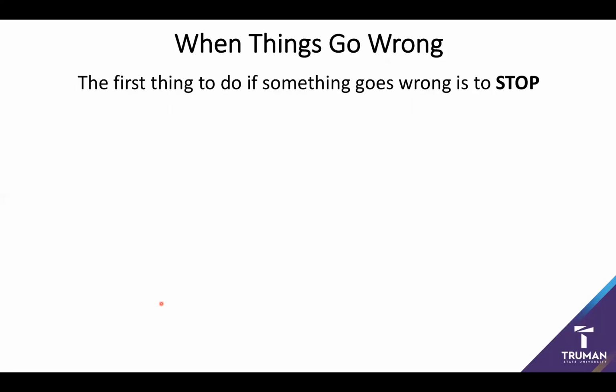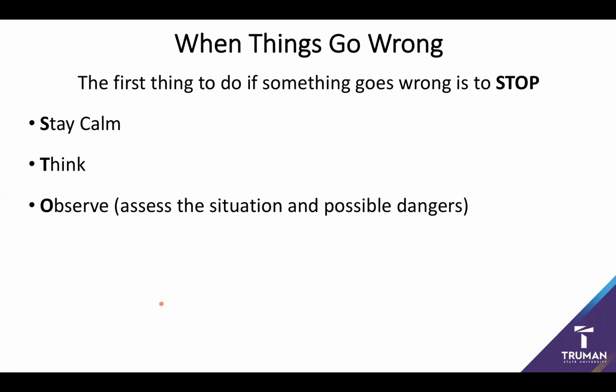But if you see something go wrong, stay calm, think about what happened, and observe and assess the situation. What's the problem? What are the possible dangers that come from me, say, helping? What sort of unintended consequences do I have to watch out for?